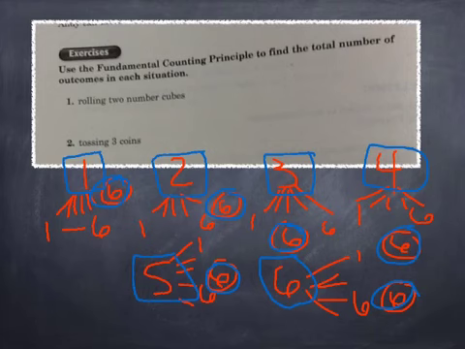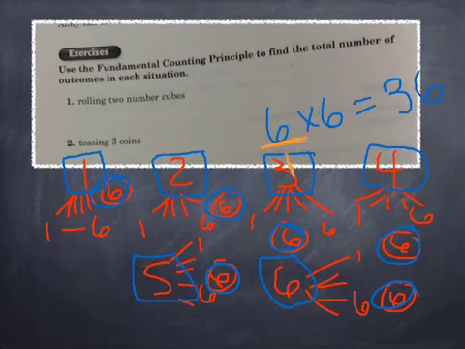So our total outcomes, 6 times 6, which is 36. Now, according to the fundamental counting principle, this would be roll number 1. And here is roll number 2. So the first roll, there are 6 possibilities. The second roll, there are 6 possibilities for a total of, you guessed it, 36 possibilities.